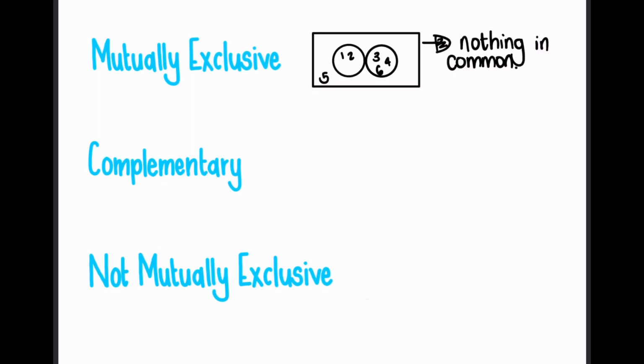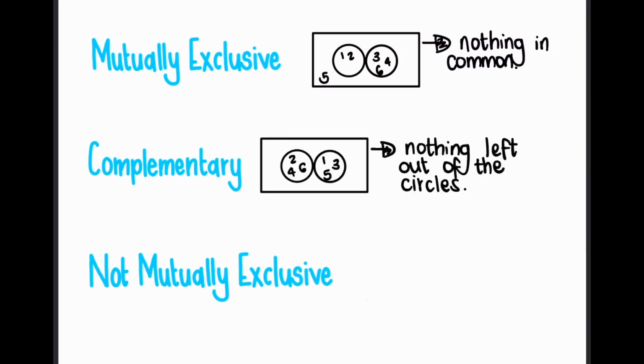So if we're talking about the difference between mutually exclusive, complementary, and not mutually exclusive events, a mutually exclusive event means that they have nothing in common. You can see that those two circles are not intersecting, whereas a complementary event is similar to a mutually exclusive event, but then everything within the sample space is inside the two circles or the three circles, whichever number you have.